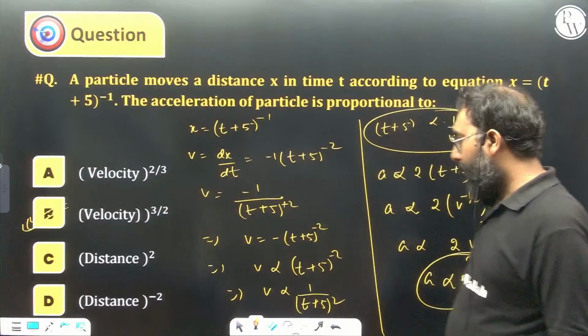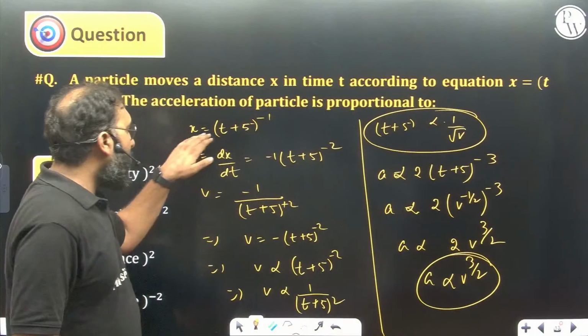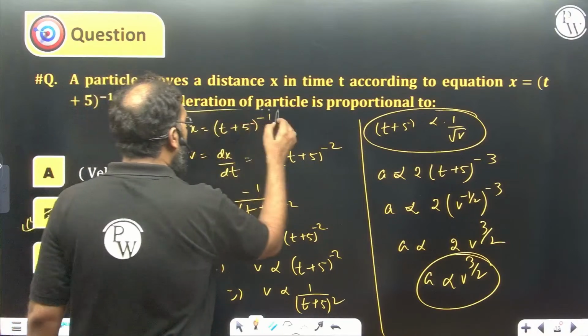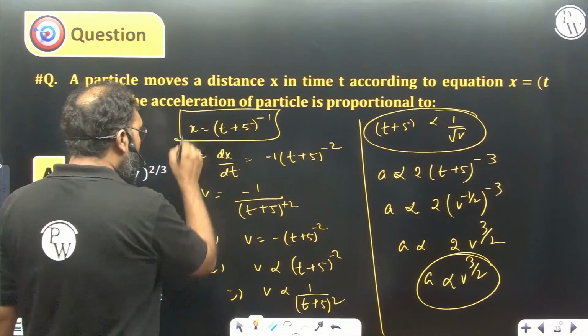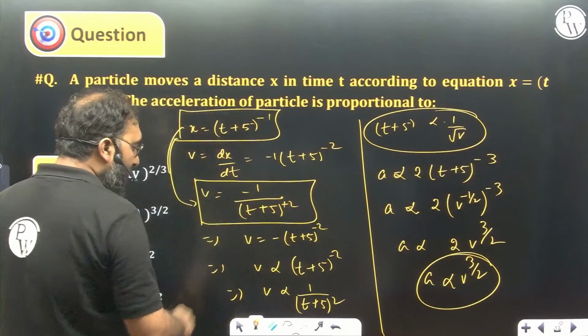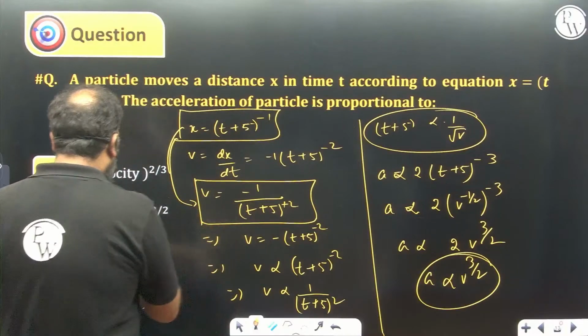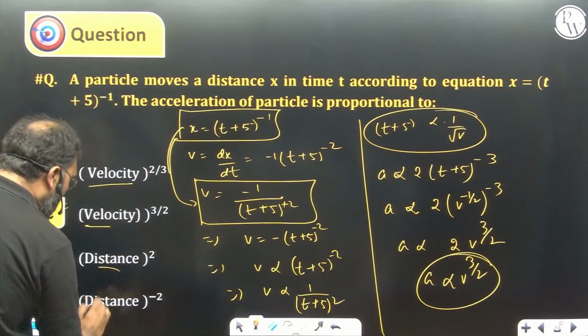Okay. So you can see here what I have done is, this expression was given to us. From this expression I differentiated and calculated velocity. Once I have calculated the velocity, my final answer is in terms of velocity or distance.